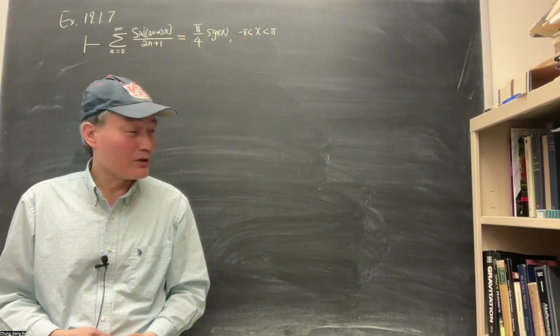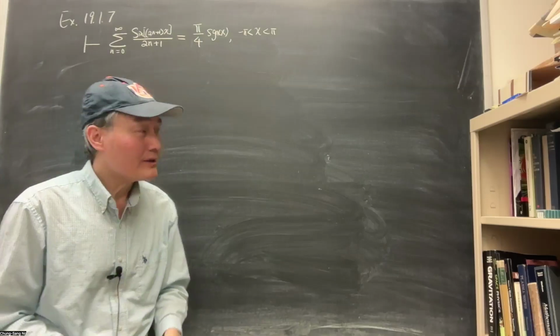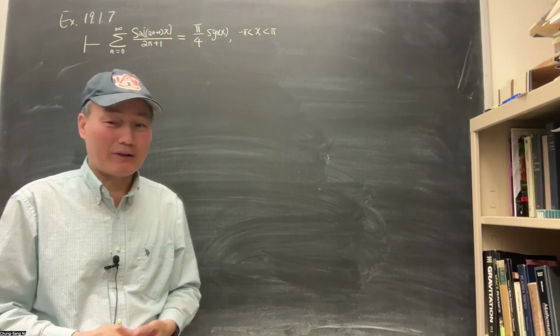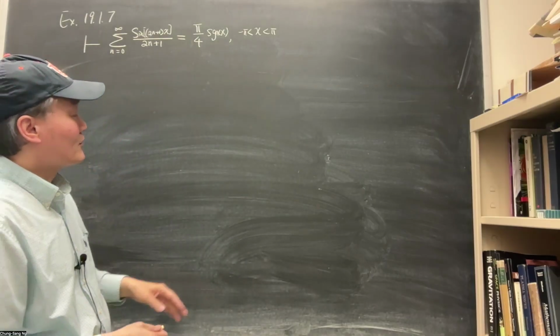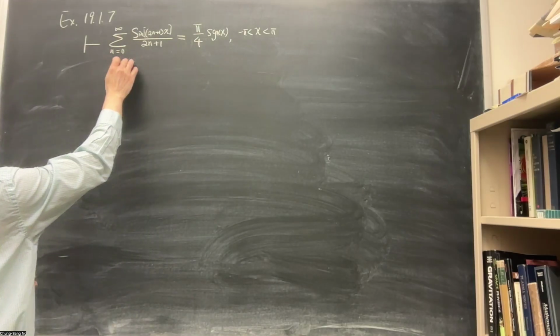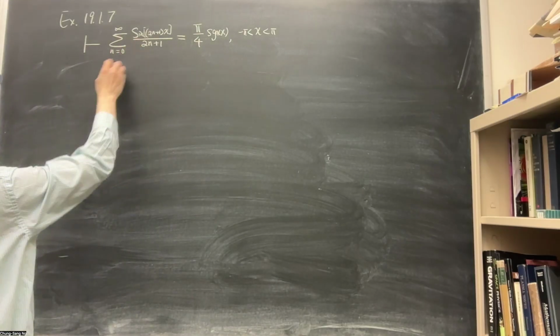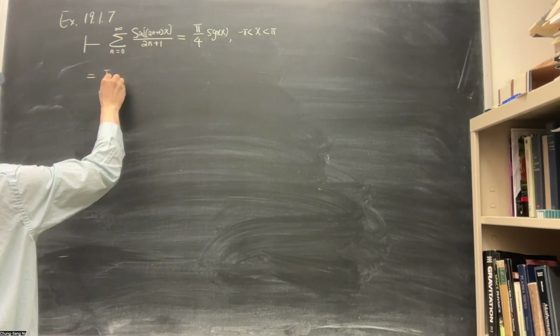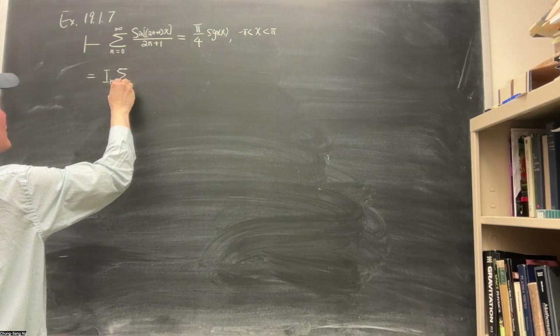Summing a series is not always possible or easy, but for this one, it turns out it can be summed. It's a little bit tricky, but we'll work that out. So basically, this series, the sine function, you can write like the imaginary part of the exponential function.